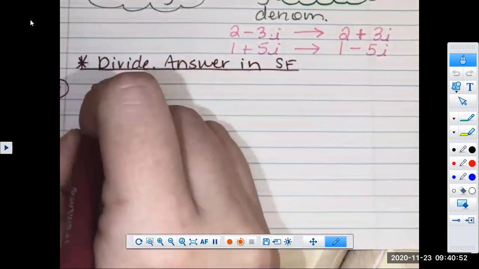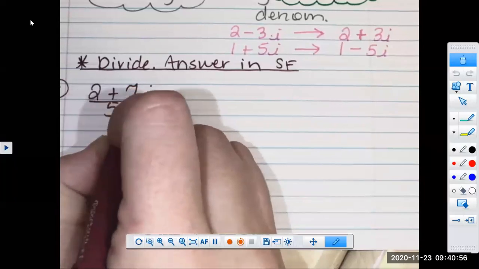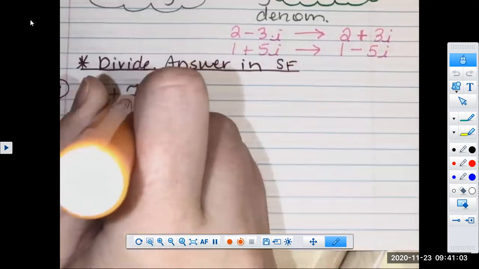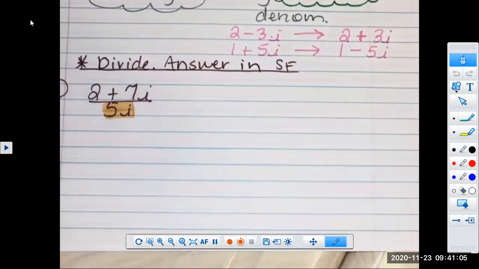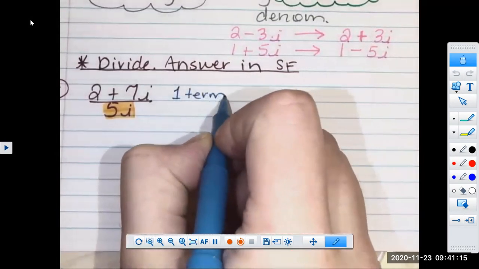You have 2 plus 7i on the top, all divided by 5i. Once again, I'm only looking at my denominator to begin with. I'm only concerned about 5i to see what process I need to follow in order to divide this. I only have one term in my denominator.